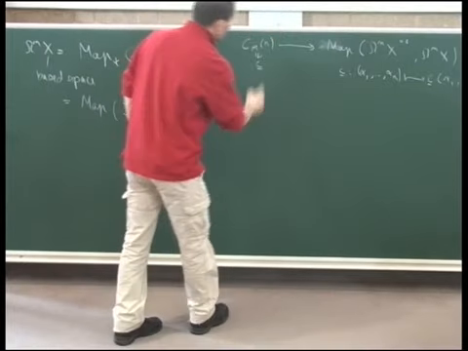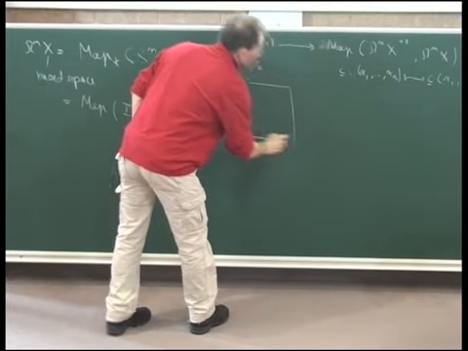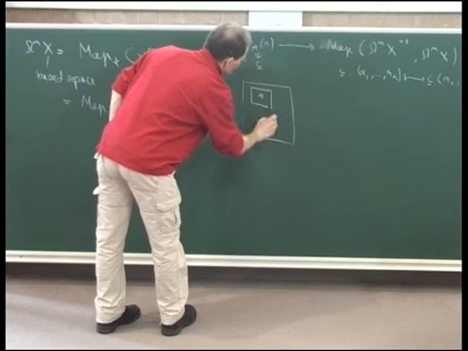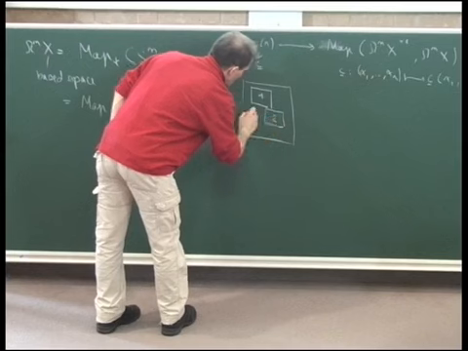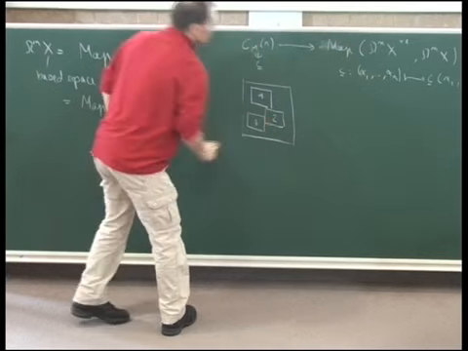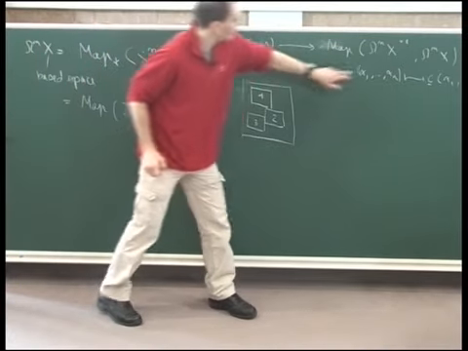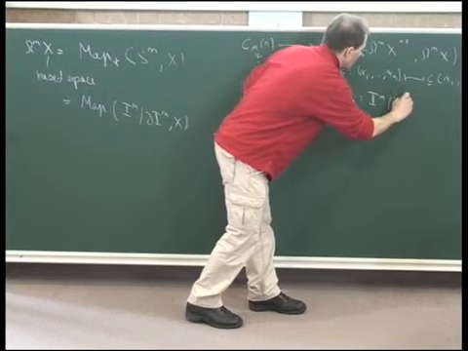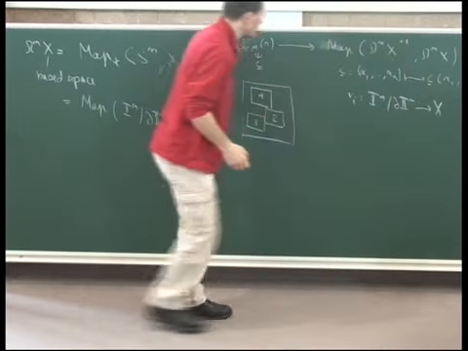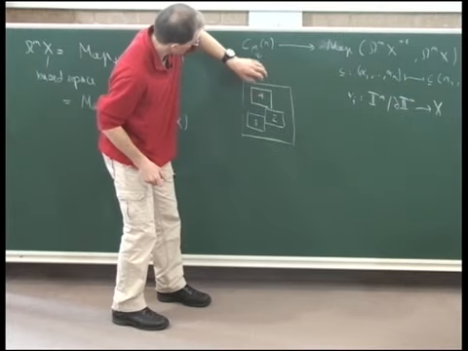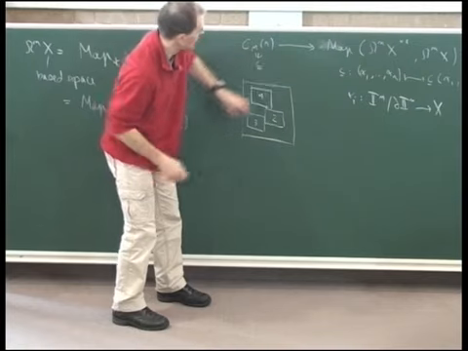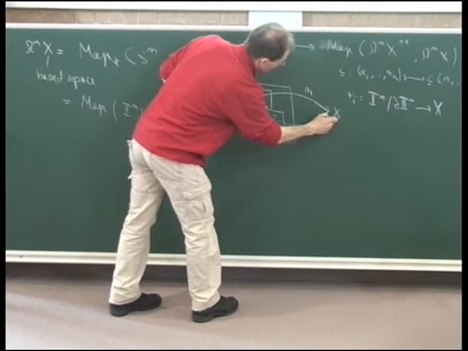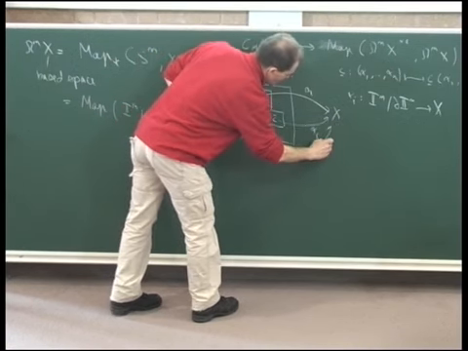And if I consider the picture of this C bar, C bar is a configuration of cubes, and each alpha i is a map from the cube modulo the boundary to X. To get this composite map, you map this little cube into X using alpha 1, this little cube to X using alpha 2, and this little cube to X using alpha 3.